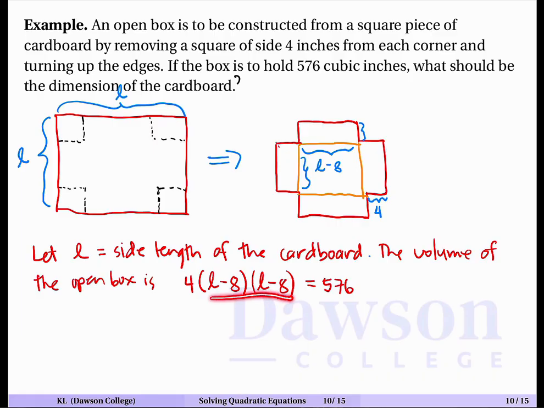Now if you look at this, L minus 8 times L minus 8, that's just L minus 8 squared. And if we divide everything by 4, this will be equal to 576 divided by 4. And 576 divided by 4, that's equal to 144.